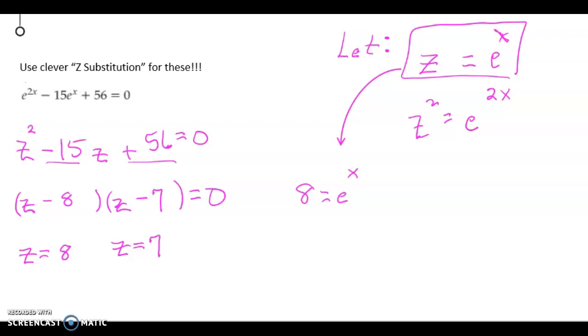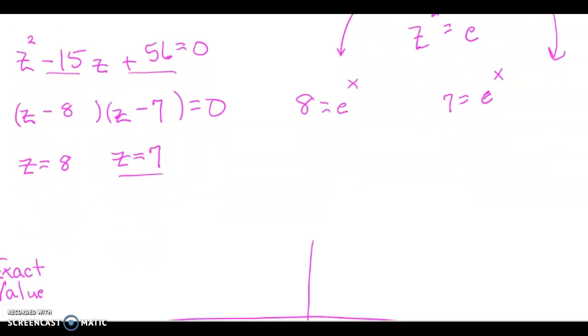And likewise, if Z equals 7, we would have 7 is equal to e to the x power. Now we want to put this in log form. That would be natural log. My base is the e. My answer is the 8, and my exponent is the x. So natural log of 8 equals x is the exact value.